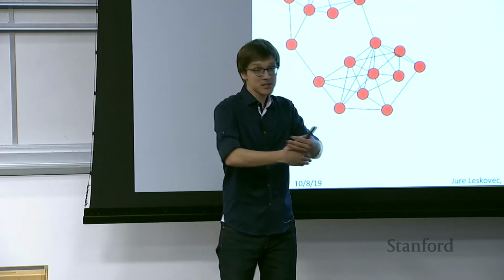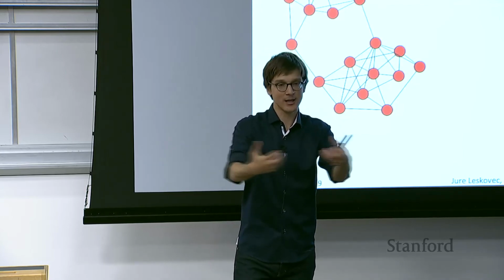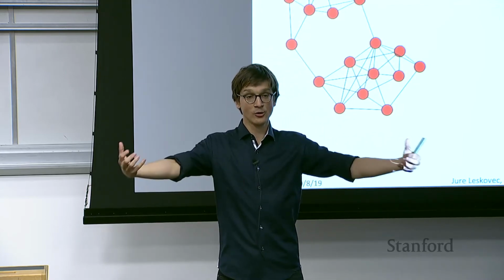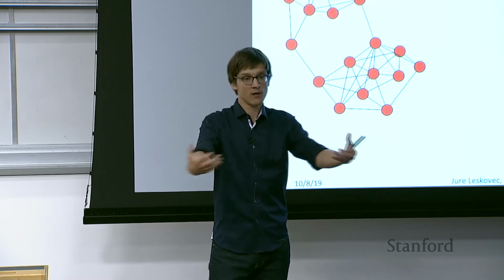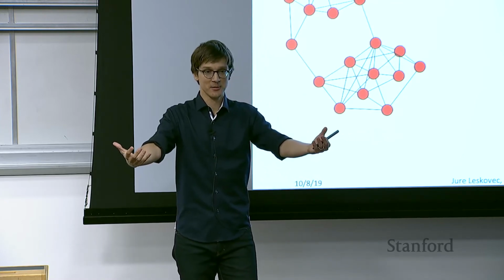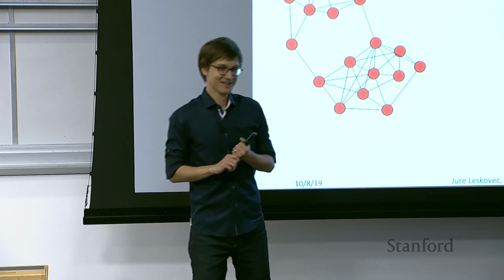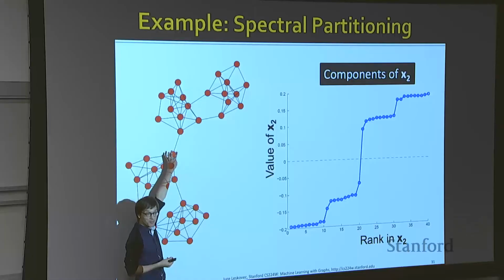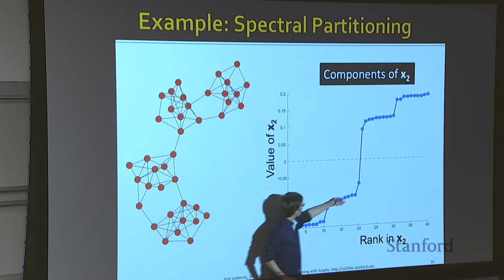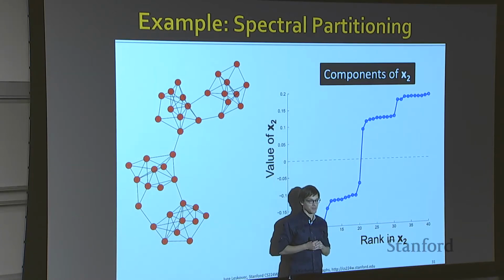We showed that. But this means we found perfect clustering. We found the clustering of our disconnected graph into two communities where we don't have to cut any edges. That's the best thing that can happen in life, right? But if things are a bit more complicated, then it nicely explains them, right?